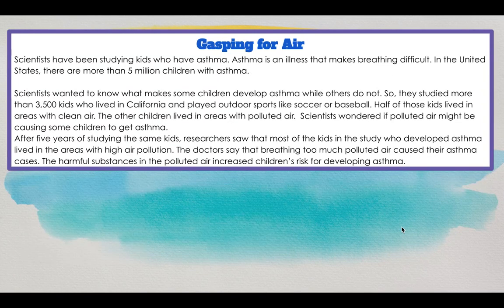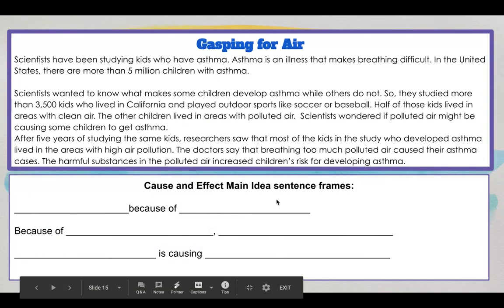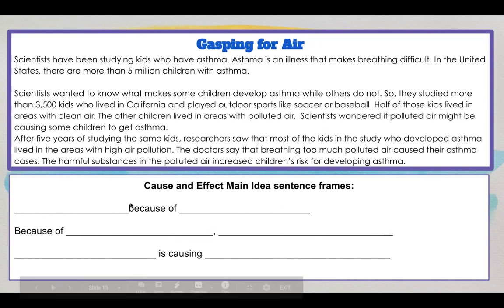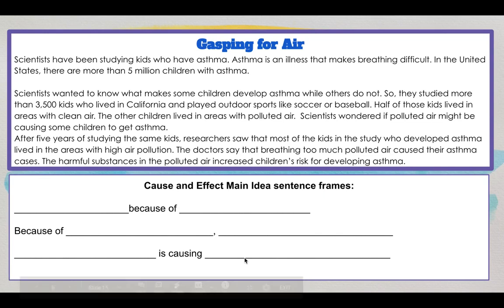So now I can use my sentence frame. I give you a couple different ideas because sometimes it's nice to have options. Blank happens because of blank. Because of blank, blank happens, or blank is causing blank. We can use that same because of blank, so blank. So here's some different ways this might sound.